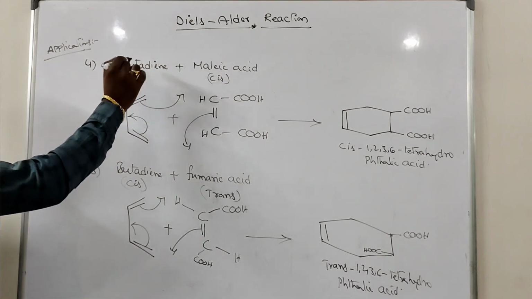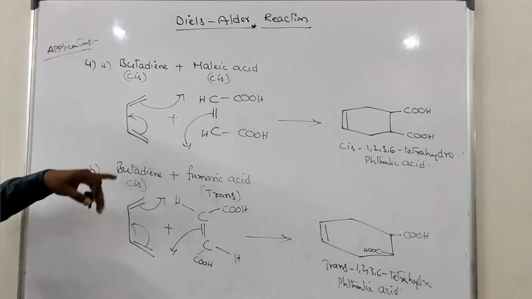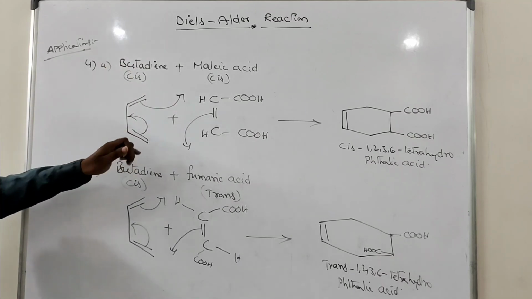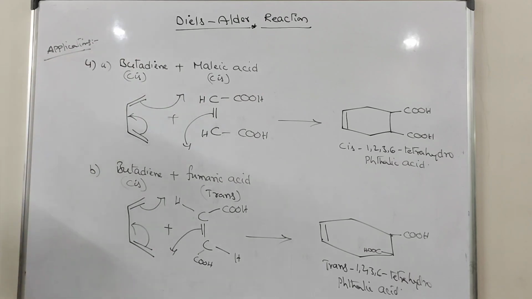So the diene must be in cis form, and the dienophile may be cis or trans form, and we get the adduct. These two are important applications of the Diels-Alder reaction. This is about the Diels-Alder reaction. Thank you very much.